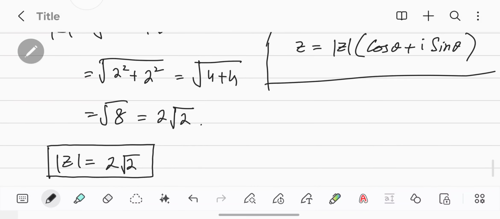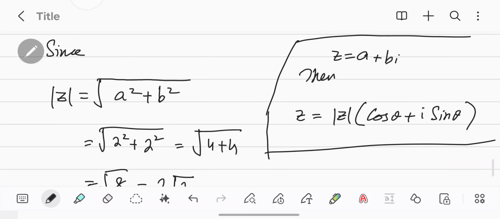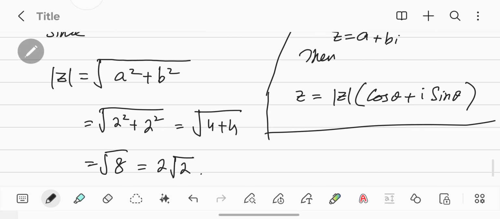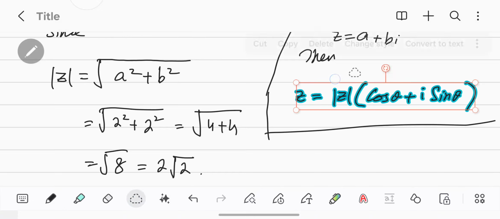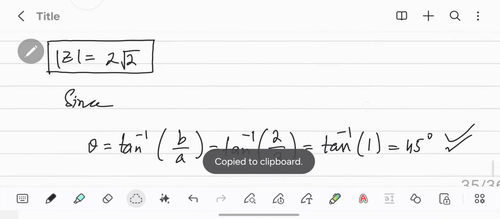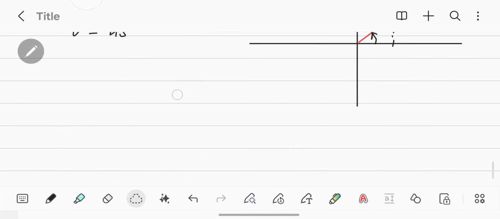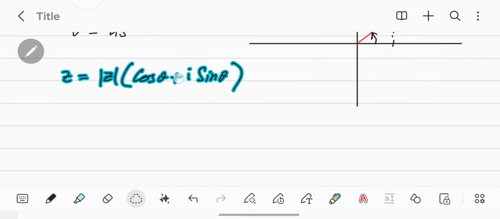Okay, so from the previous video I told you my polar form or the trigonometric form of the complex numbers is this. So I will use this formula because I have found the modulus as well as the argument theta. So I will plug these values in this formula.